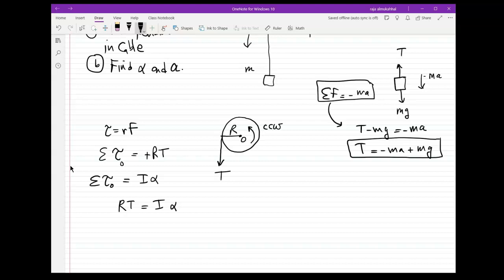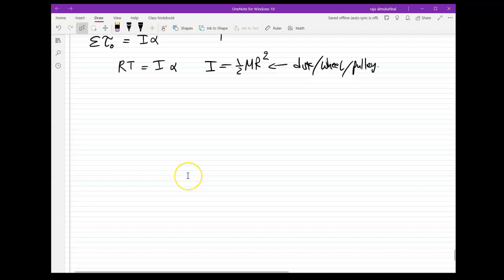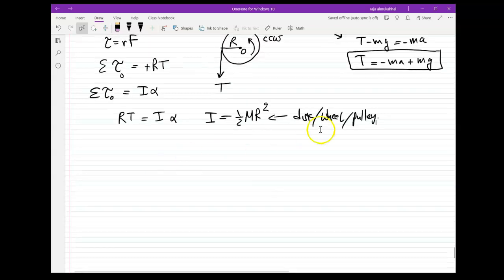Okay? Now, what is I? I is the moment of inertia for the disk, or for the wheel, or for the pulley. What is it equal to? Go back to the table, and it's equal to 1/2 big M R squared. Moment of inertia for the disk, or wheel, or pulley. Put it back in here and solve for T, and the plan is to equate this with that. So keep paying attention to this. I'm going to plug it in there.